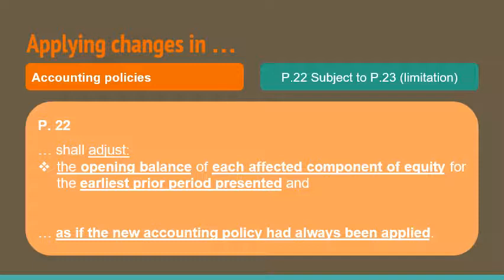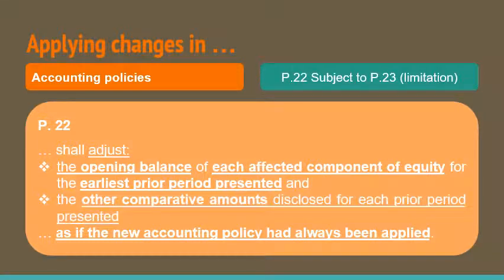So we must first determine the item of equity that is affected, usually the retained earnings, and then adjust its opening balance. The other is the item should be adjusted for the earliest prior period that the entity deemed to be practicable. This is to ensure that the change is made as if the new accounting policy had always been applied.